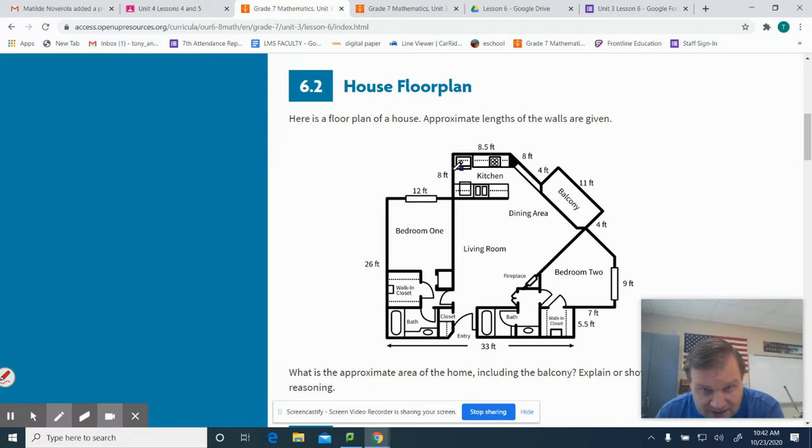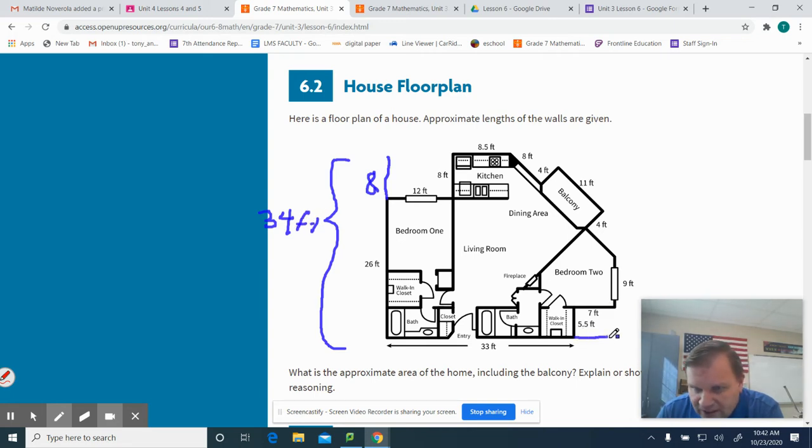So when I saw this, I thought, okay, if I use the outside walls and I move this wall over here, which is 8 feet, that would give this entire side a total of 34 feet. Okay. And if I move this wall down here, that's going to be this entire side. 33 plus 7 would give us 40 feet.